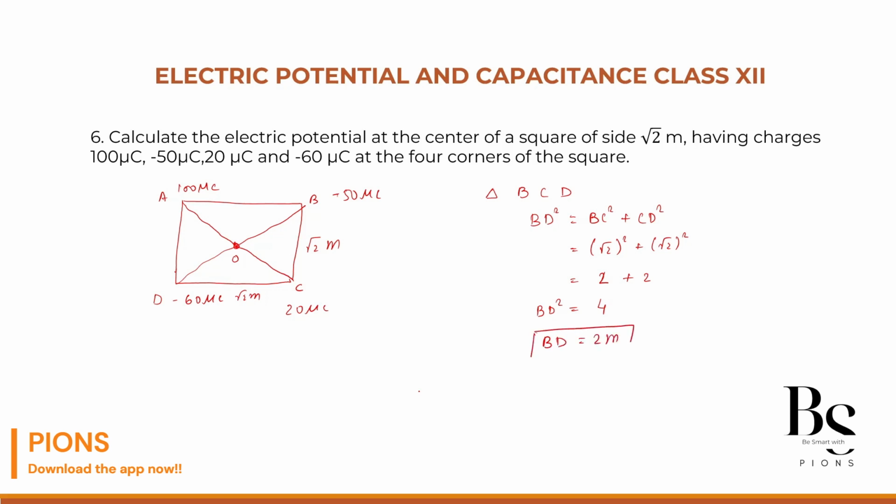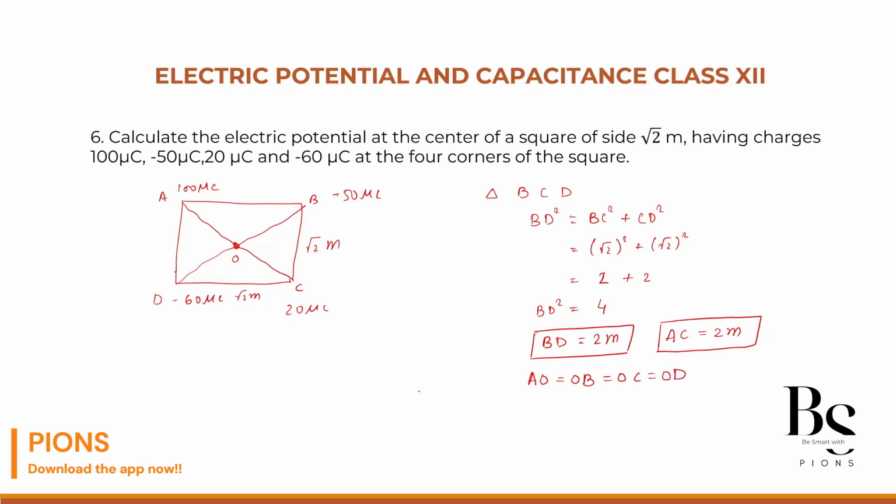For a square, the diagonals must be equal, so AC will also be 2 meters. Great. Now let's figure out AO, which will be equal to OB, OC, and OD.